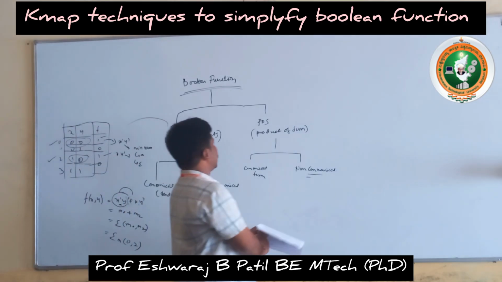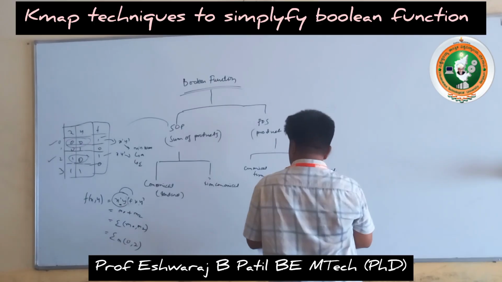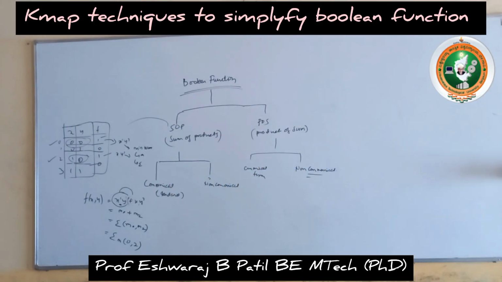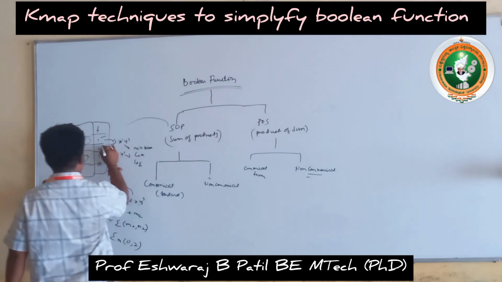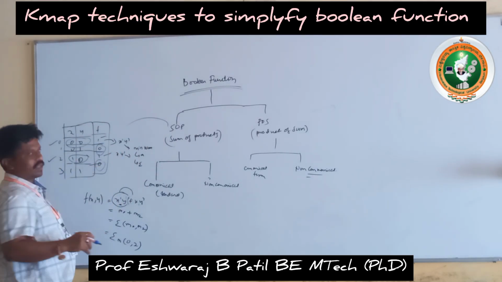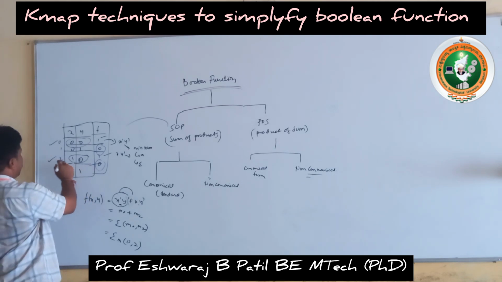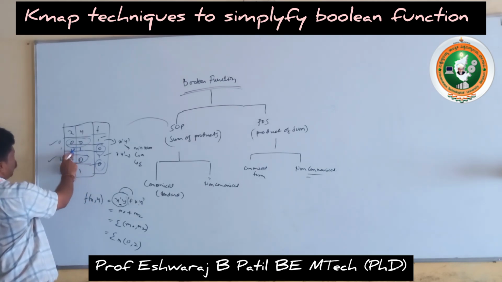POS is nothing but the product of sums. It is similar to the earlier one, but here we consider the truth table itself. From the truth table, wherever the zeros are there, those are considered the max terms in the POS. The max term is nothing but the 0 1 combination of Boolean variables.